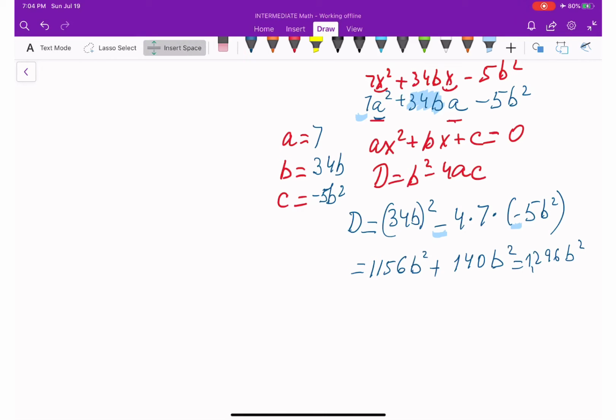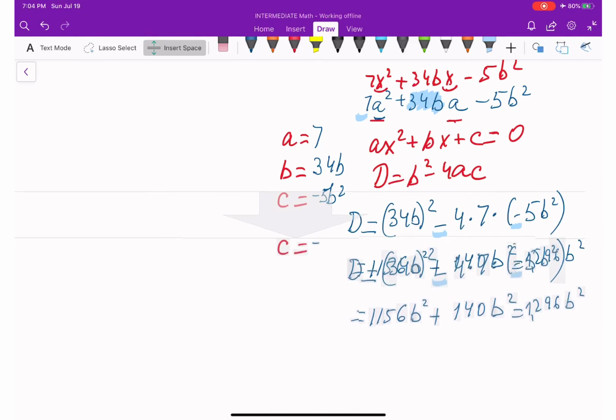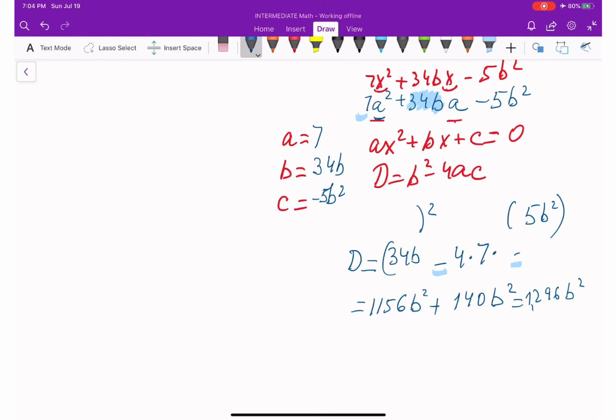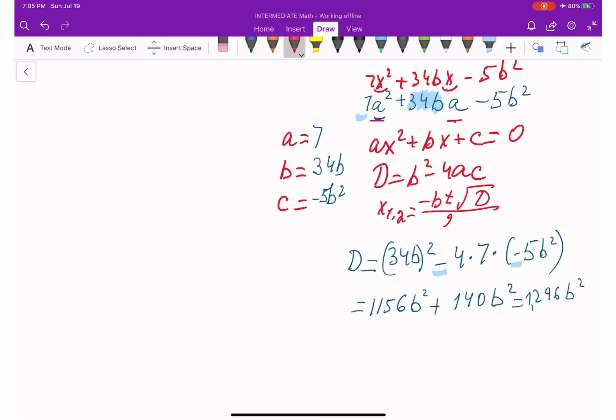Okay, next we need to find x1, x2. So the x1, x2 formula is equal to negative b plus minus the square root of the discriminant D over 2a.